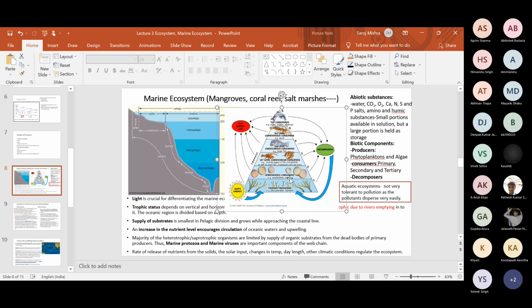Then you have the primary consumers, which are herbivores that directly feed on this vegetable matter. These are the zooplanktons. By zoo, we mean very small creatures that are animals. So you see the difference between zooplanktons and phytoplanktons.